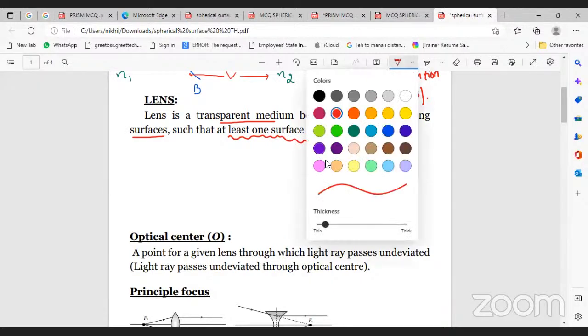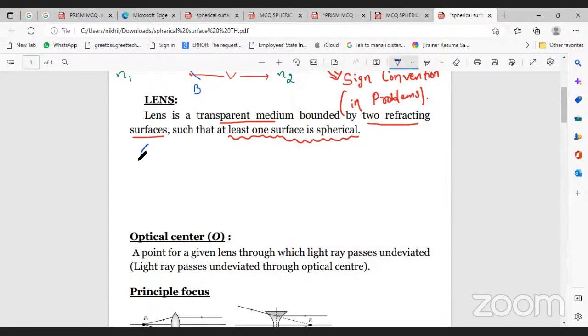Now, if I take both spherical surfaces like this, or the curved surfaces will be like this. Both are curved surfaces here. This is plane. This is curved surface.